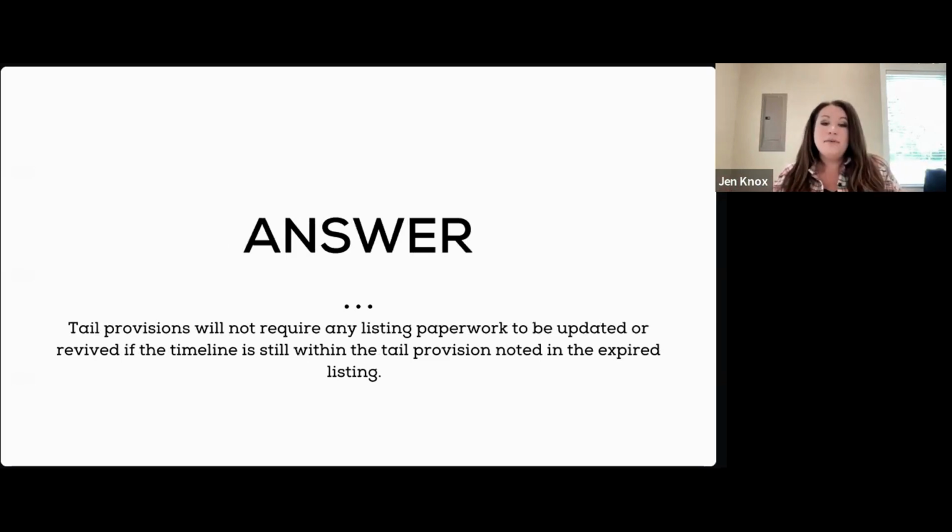So if that timeline within the tail provision is still there and it's noted in the expired listing, then there is no reason to write up a new listing agreement. There's no reason to write up a seller agreement. That tail provision says, I'm going to give you another, say, default 180 days. And if a buyer comes to me because of those marketing efforts, I've already offered compensation in this way.